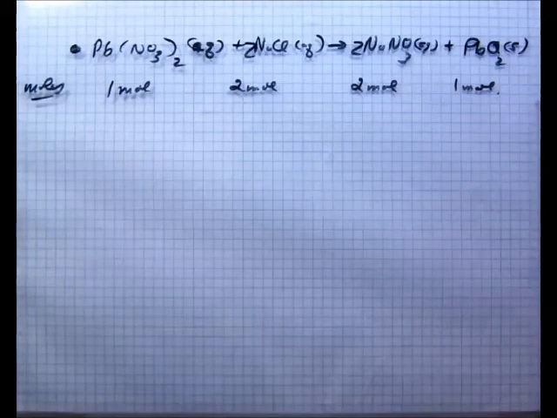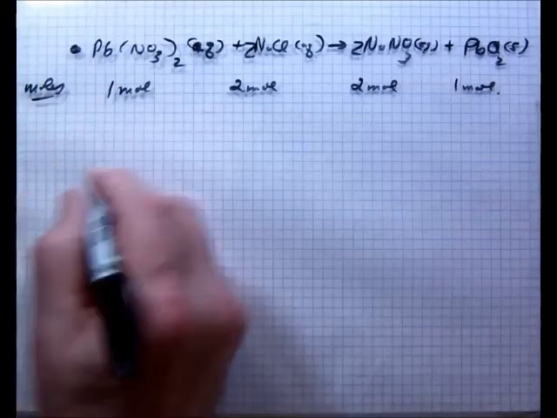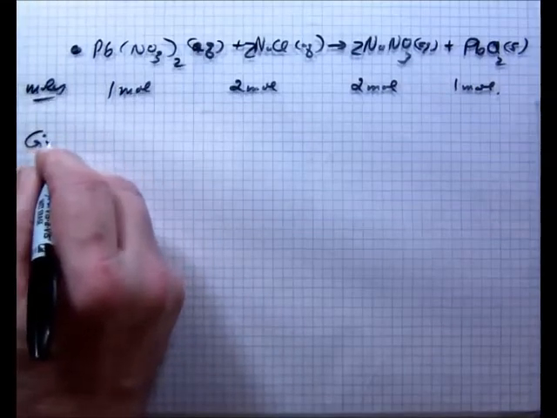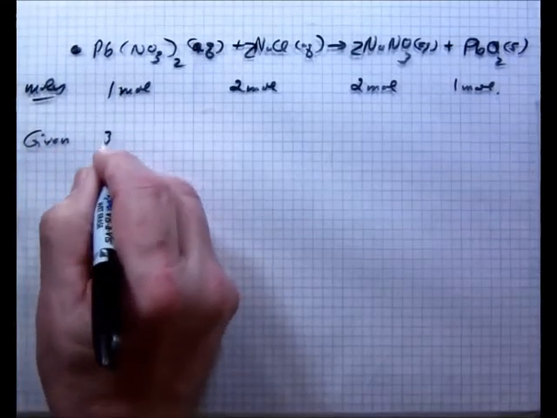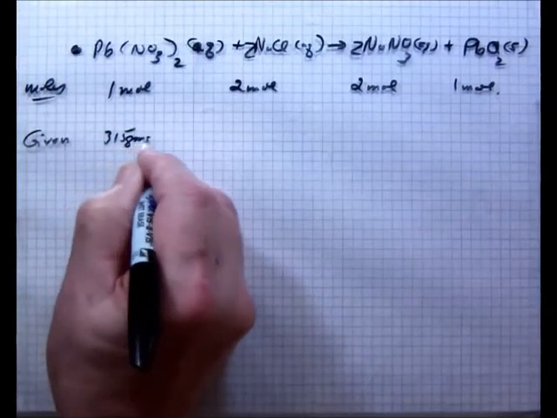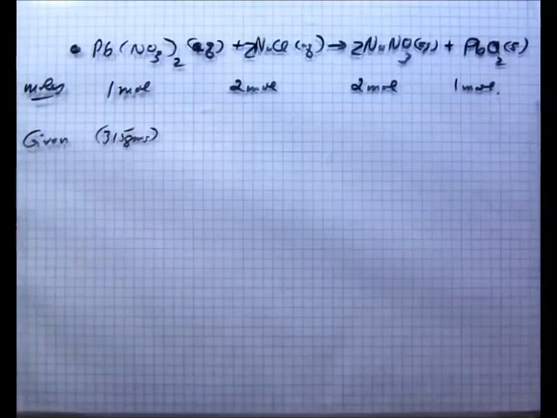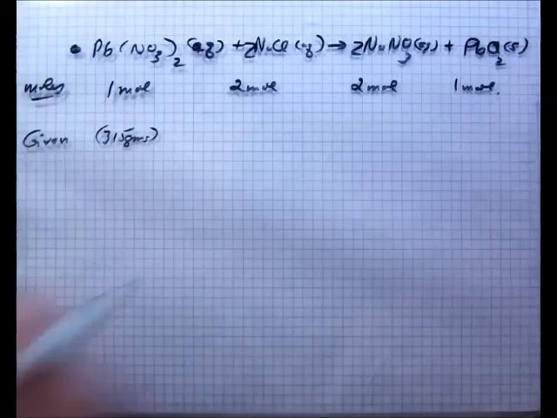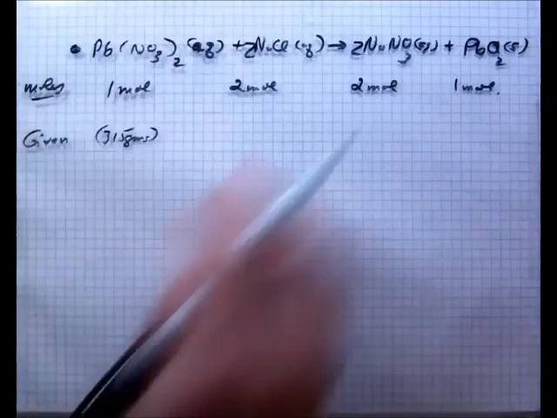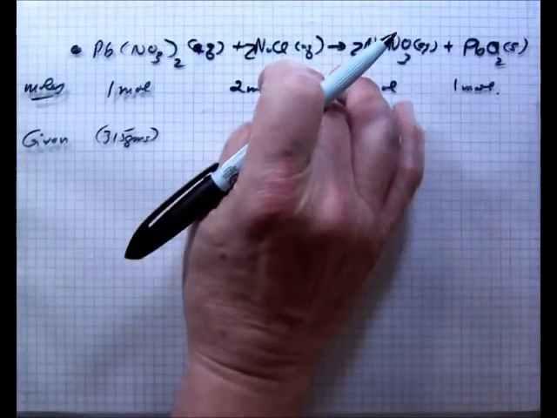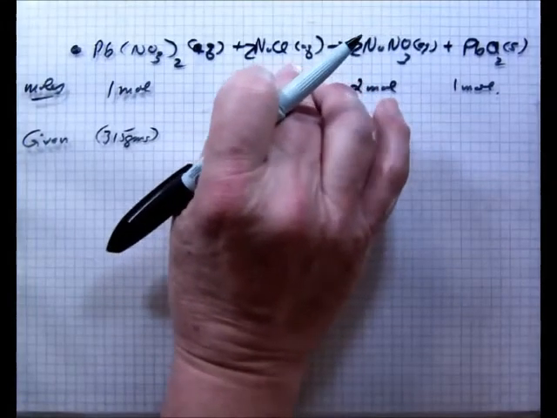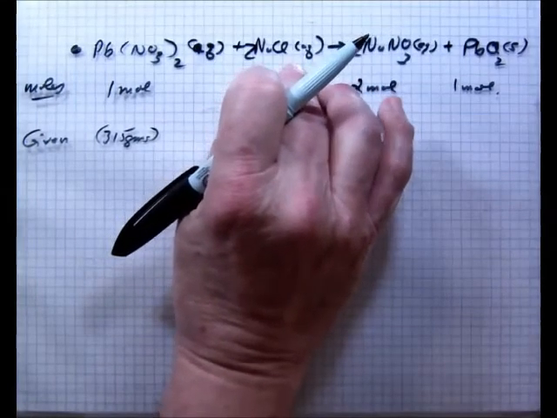Now, somebody like me, mean, angry, and awful, comes up and gives you a problem and says you're given 315 grams of that lead nitrate, and you're going to add it into a solution of sodium chloride, which contains more than you'll need. Now, you're not going to react with more than you need.